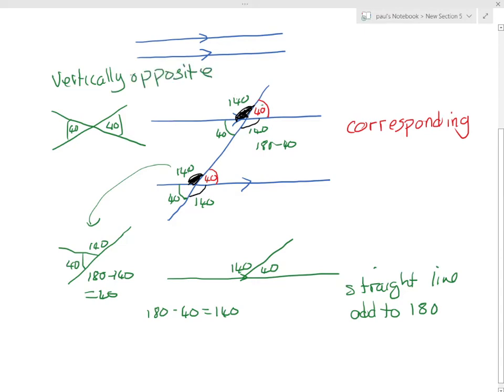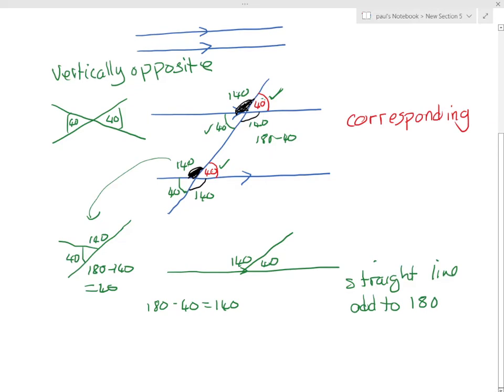Now, sometimes in these geometry problems, not only does it ask you to find the missing angle, but it may also ask you why. So this one is 40, this one is 40 because they are vertically opposite. This one is 40 and this one is 40 because they are corresponding angles. And this one is 40 and this one is 140 because it's angles on a straight line.